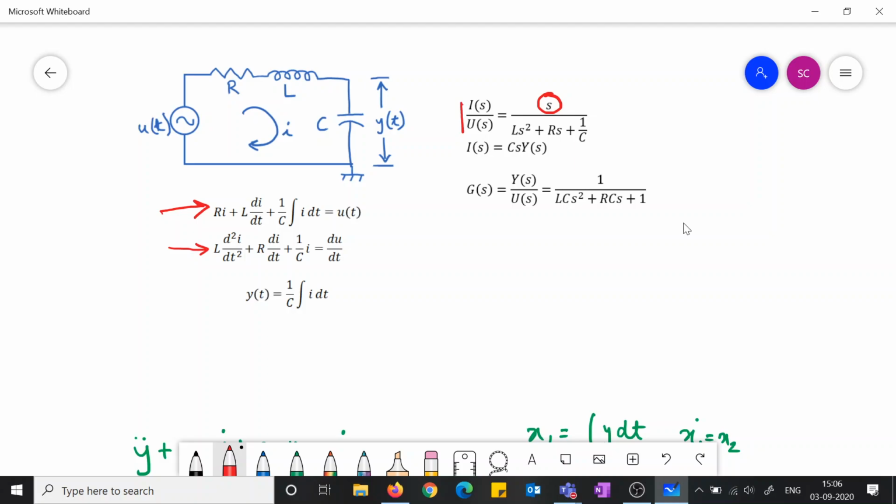So it is simply one derivation taken, and from here we are getting this transfer function. You can very well see that there would be an s here, but I forgot to put that s in the lecture video. So for that reason, an extra s came in the denominator of the final transfer function.